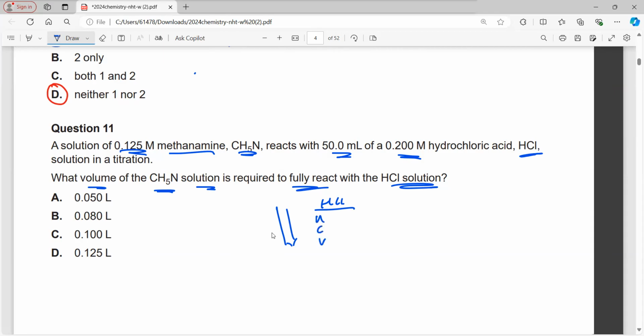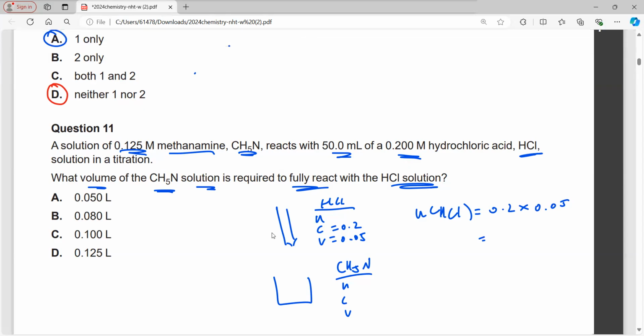So it's going to be n equals CV. For CH5N, we have 0.05, 0.2. The moles of HCl and CH5N are going to be the same. So n of HCl is 0.2 times 0.05, and that is 0.01.